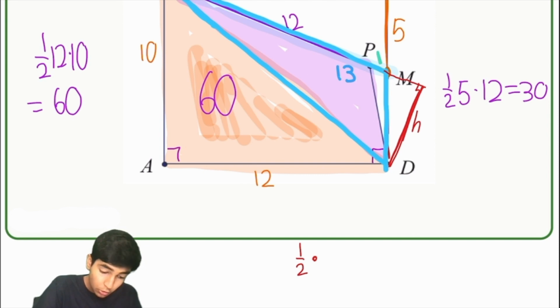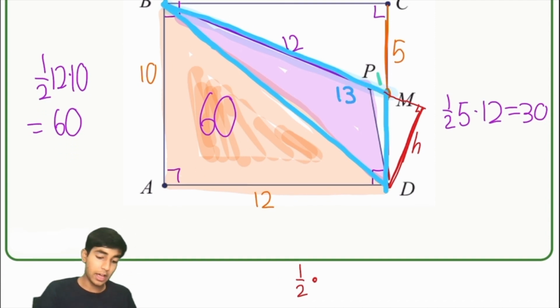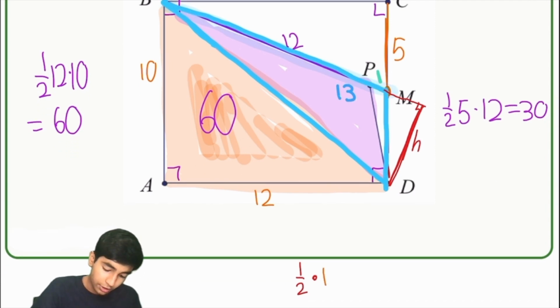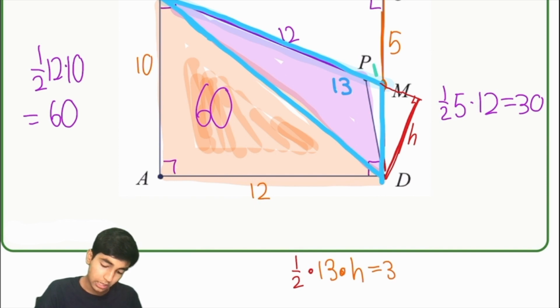The base of the blue triangle is 13, remember? 12 was just this part, and 13 was the whole thing from here all the way till M, because of 5, 12, 13. So half times the base, which is 13, times the height, which is h.